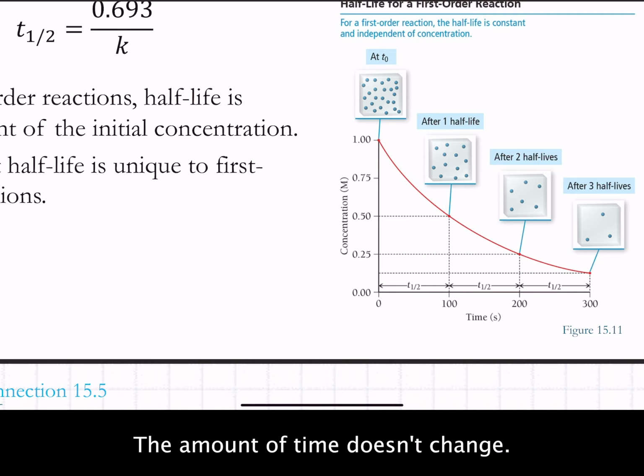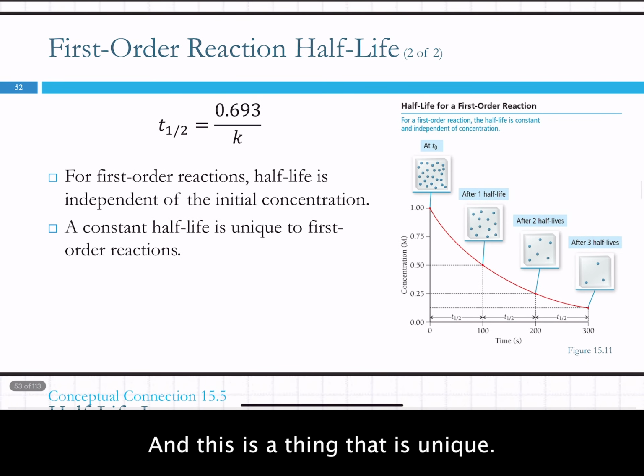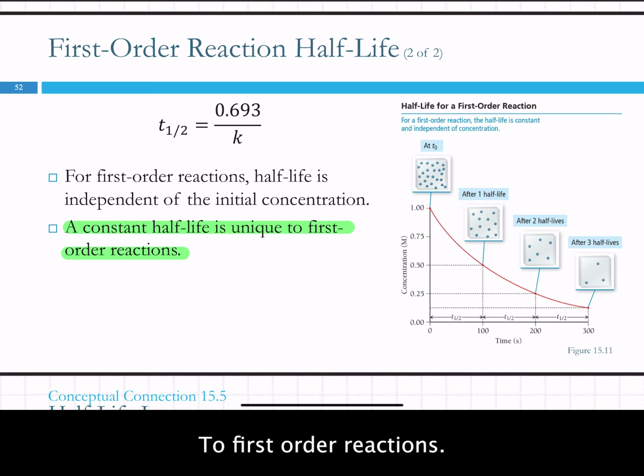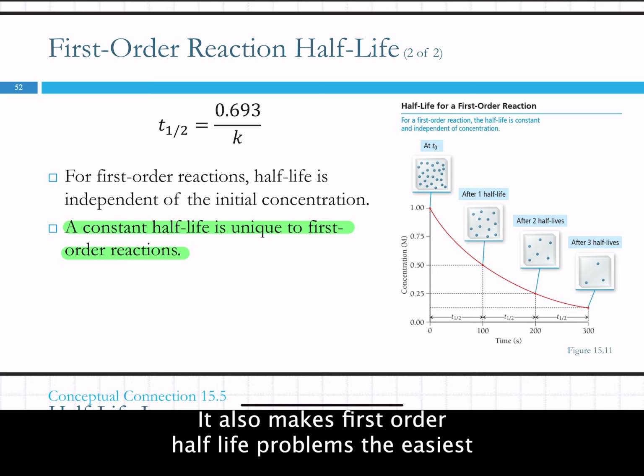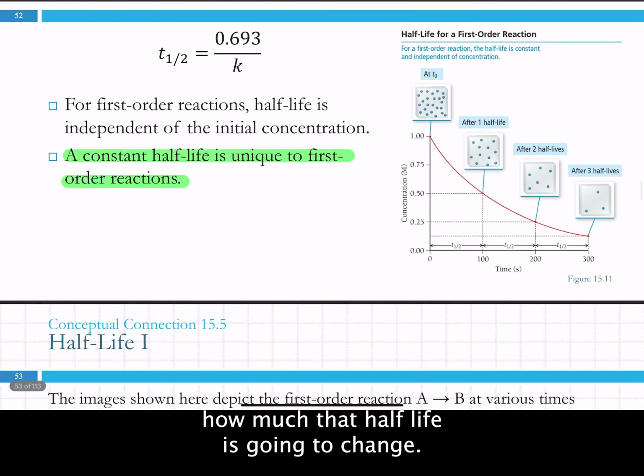And the amount of time doesn't change. And this is a thing that is unique to first order reactions. It is independent of the concentration. It also makes first order half-life problems the easiest to do because we don't have to calculate how much that half-life is going to change.